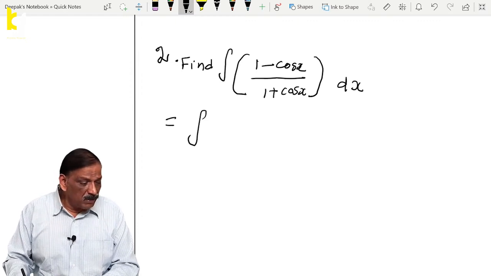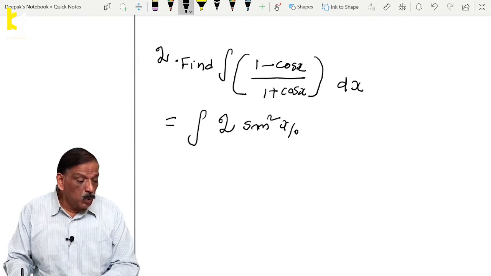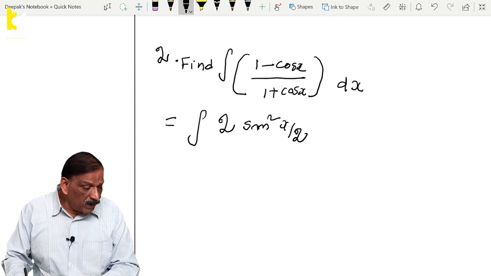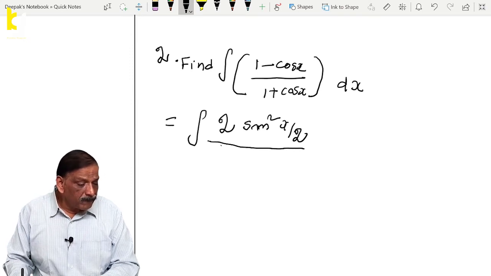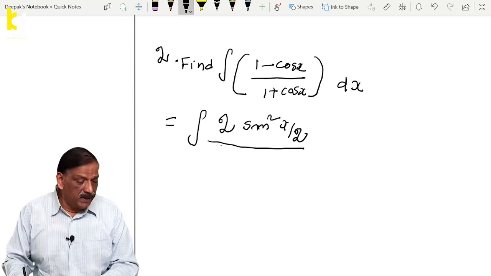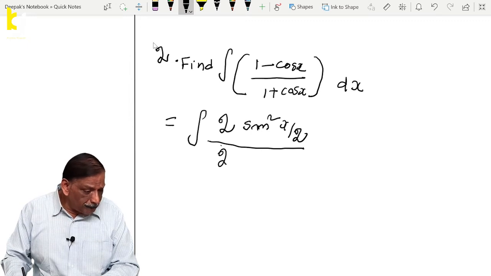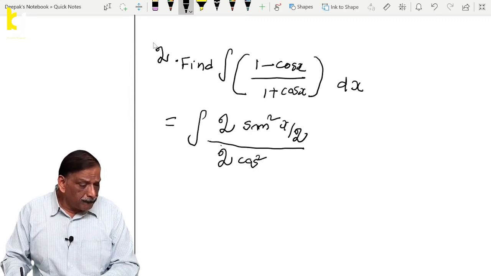So this is 1 minus cos x will be 2 sin square x by 2 divided by 1 plus cos x will be 2 cos square x by 2 dx.